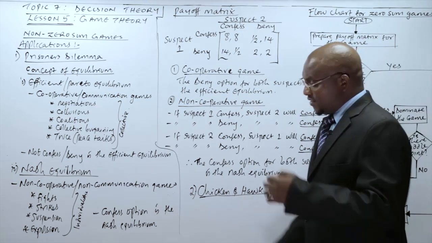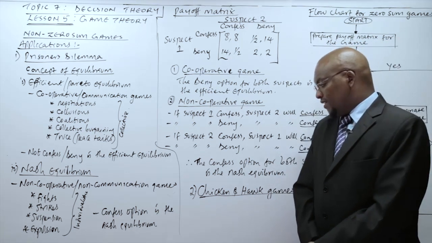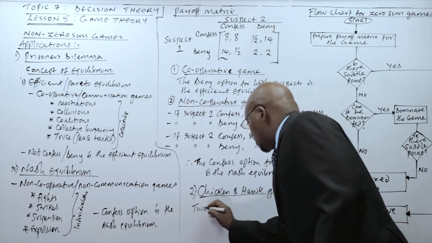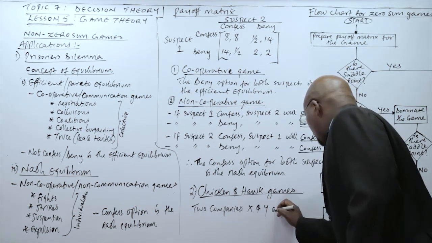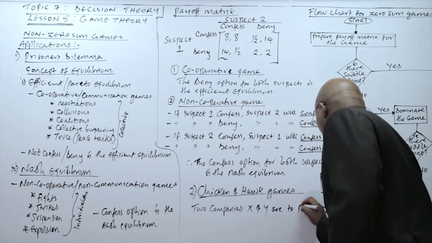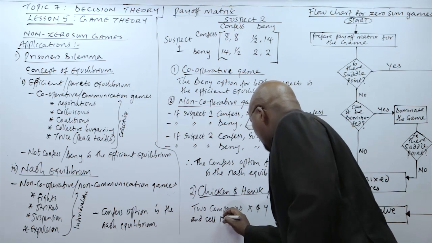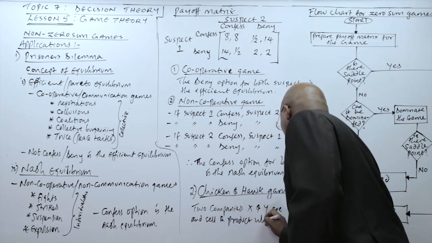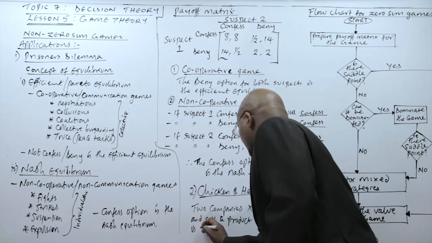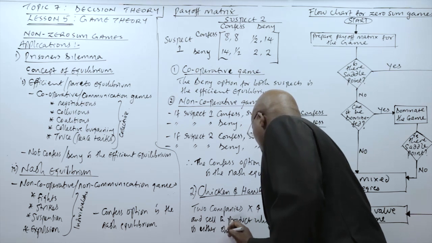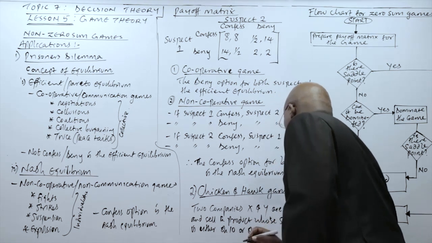Now, the example I can give there is that two companies, I'm giving an illustration, two companies X and Y, are to produce and sell a product whose selling price is either shillings 10 or shillings 20.